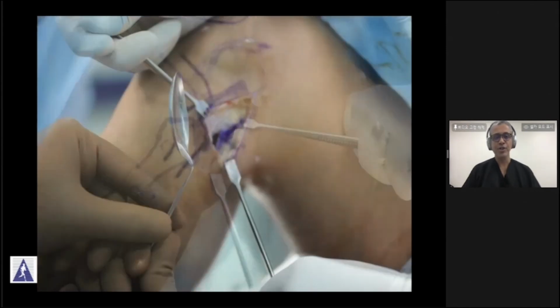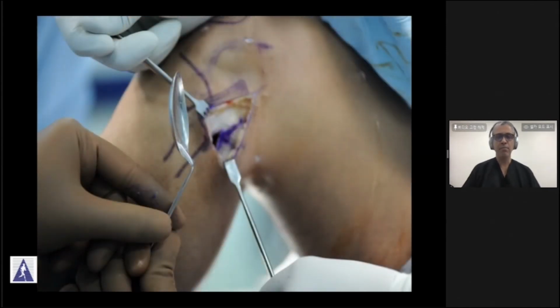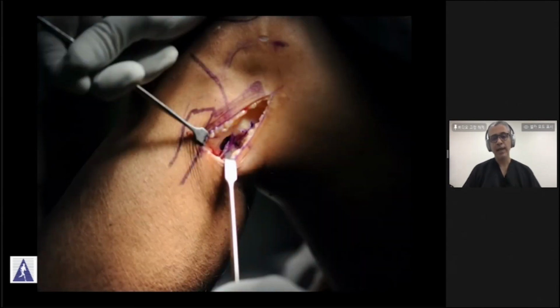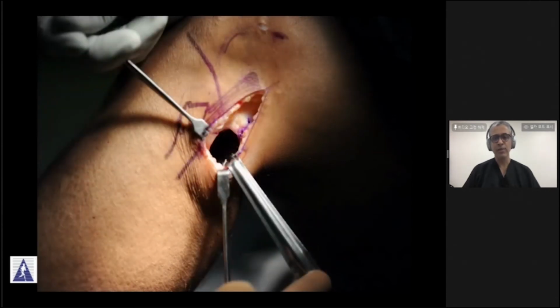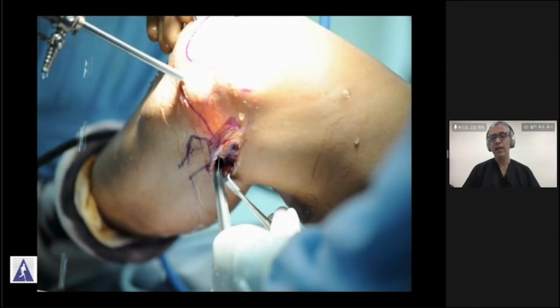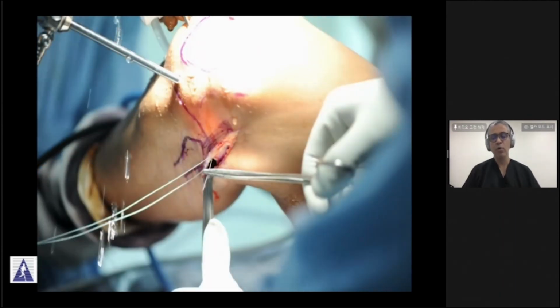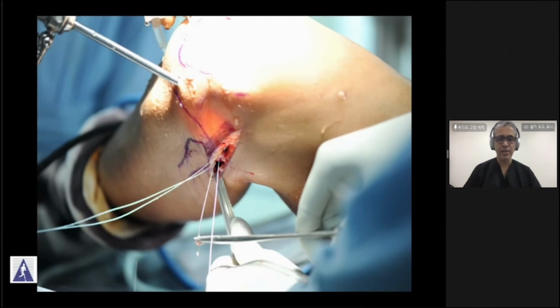We open up the fascia, and then you may use a simple bent spoon, or a special meniscus retractor, to pass it in between the capsule anteriorly and the head of the gastrocnemius posteriorly in this particular fashion. Then your needles can be very easily and effectively passed so that they deflect over this spoon or your meniscus cannula, and thereby you can prevent damage to any of the neurovascular structures.